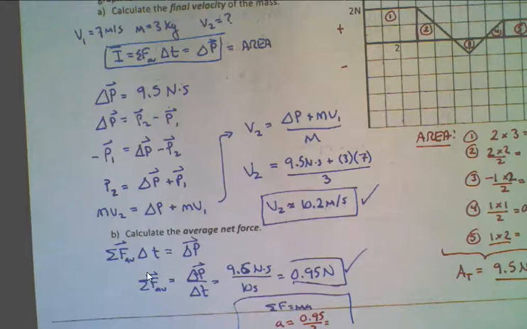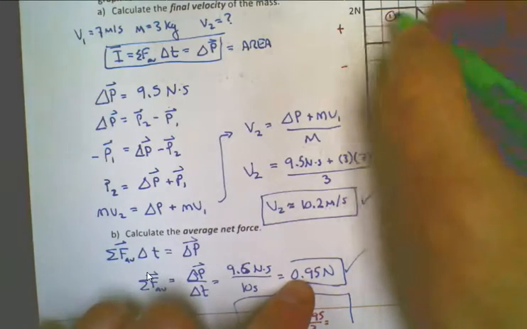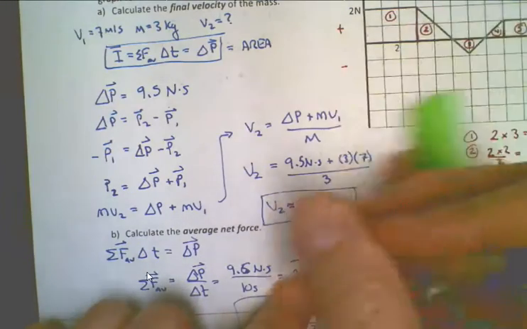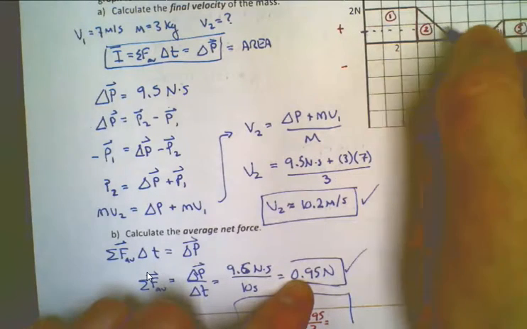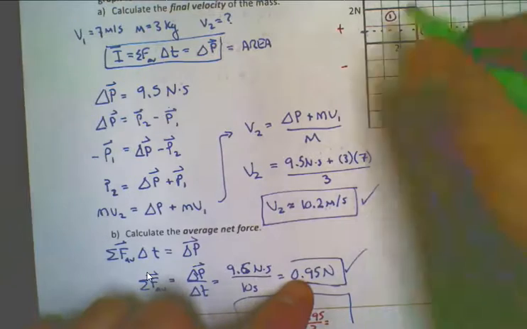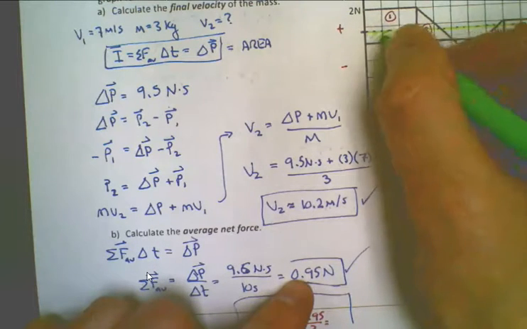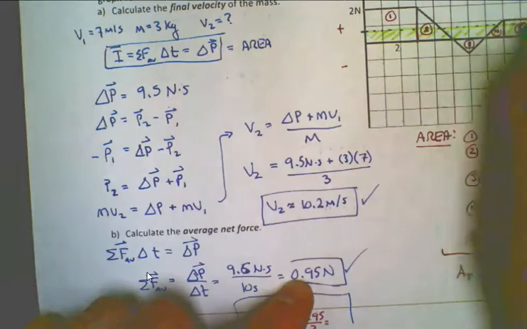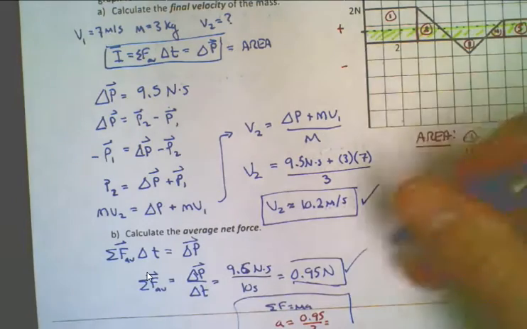Another way of thinking about this is that with this average force of 0.95, if I were to find the mark right here of 0.95 and draw a straight line across, that would be like saying I applied an average net force of 0.95 for 10 seconds. 10 times 0.95 is 9.5 Newton seconds.